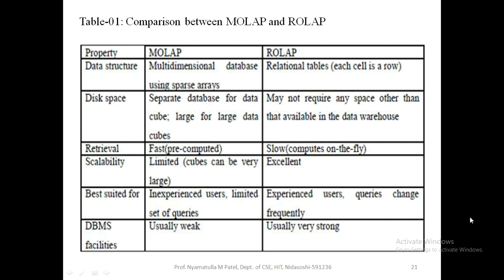So, with this we come to the end of this video lecture. In this video lecture we studied indexing of the OLAP data, how bitmap indexing is done, and how join indexing is done.